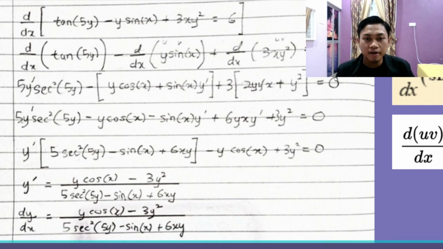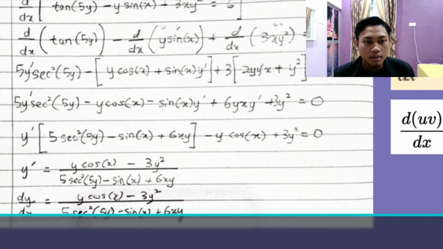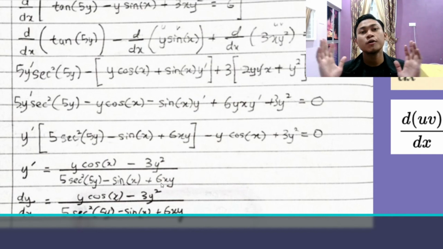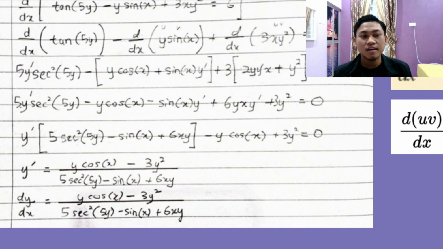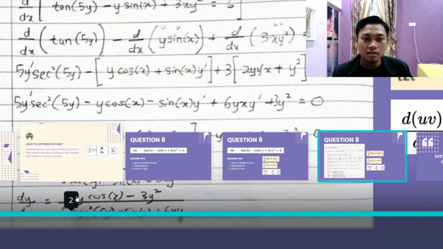We get y prime, and y prime is equal to y cos x minus 3y squared over 5 sec squared 5y minus sin x plus 6xy. So that is the final answer, and we could also write it back using dy over dx. We can choose either way. It's okay if you want to leave the answer like this or like this, it's the same thing.